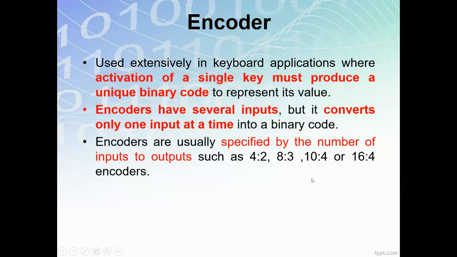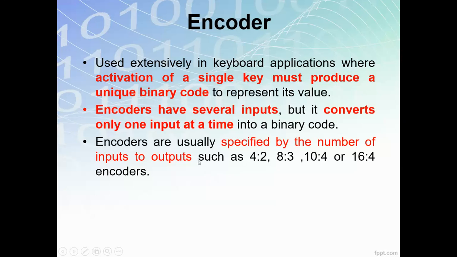So encoders usually specify the number of inputs to the outputs, such as you have 4 inputs and then the output is 2, which is a 4 to 2 encoder, 8 to 3 encoder, 10 to 4 encoder, or 16 to 4 encoder.